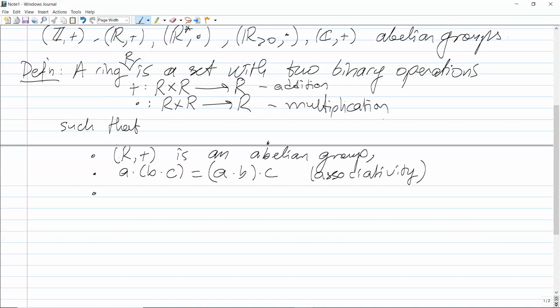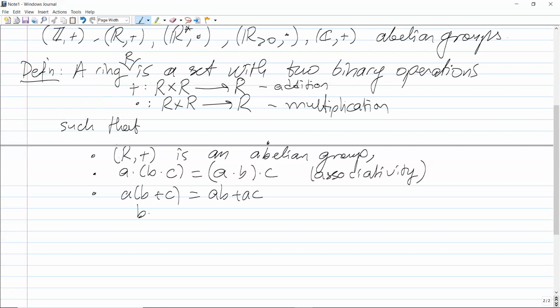Just like in the real number case, the set R with addition must be an abelian group, and this multiplication should be associative, and also it should distribute over addition. a(b + c) must be equal to ab plus ac.